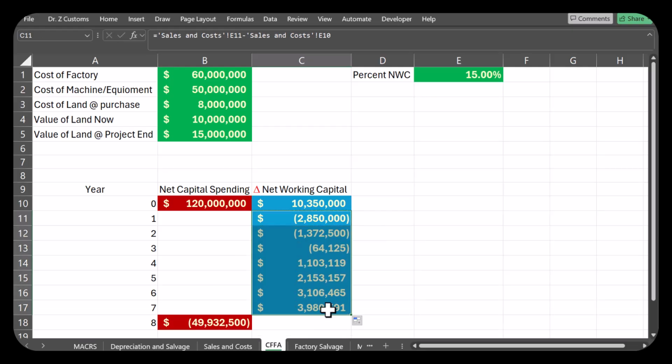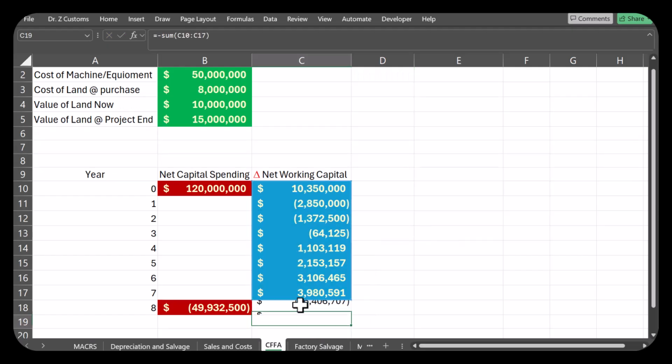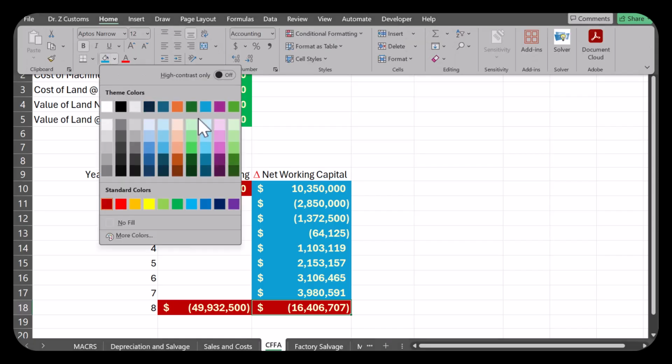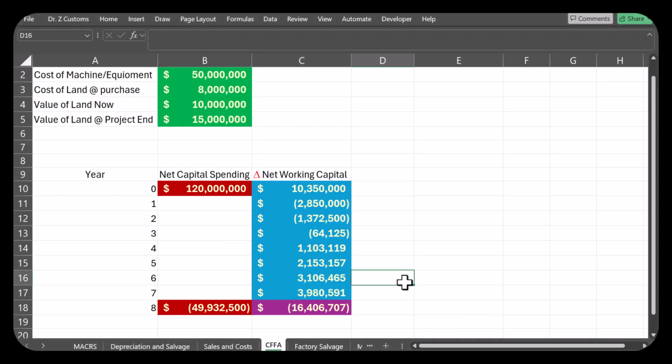But on the last year, I'm going to get all those additions back, which means I have to accumulate them, which is negative of sum of all of these. I'll make that purple. So essentially, this says during the life of the project, I ended up adding $16.4 million as net working capital. Now it's time to return all of that to the firm and get the cash flow for the project.